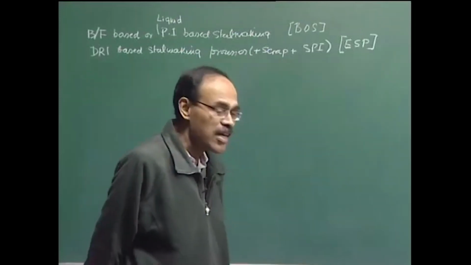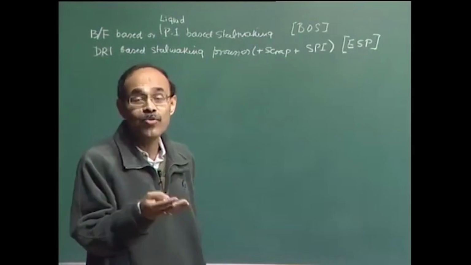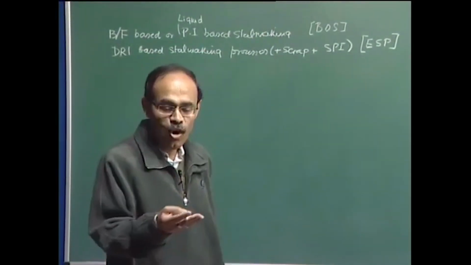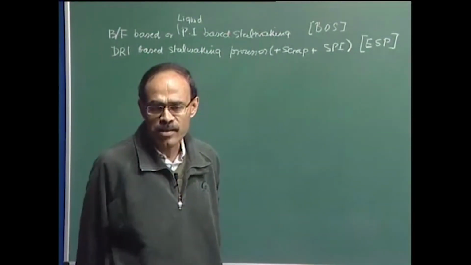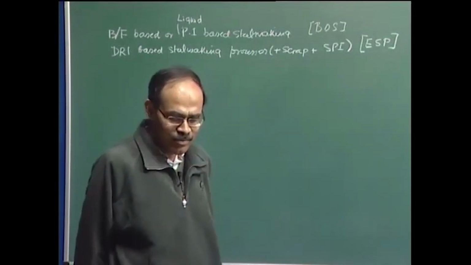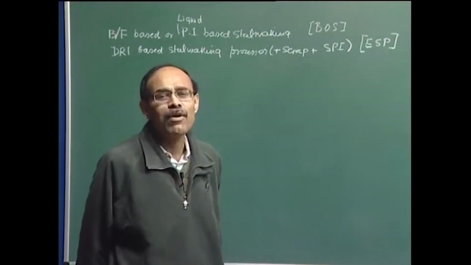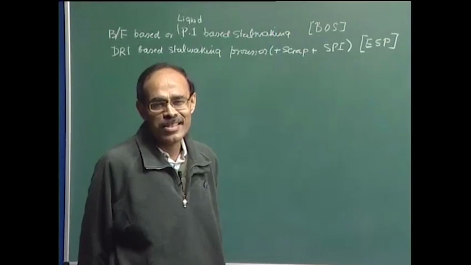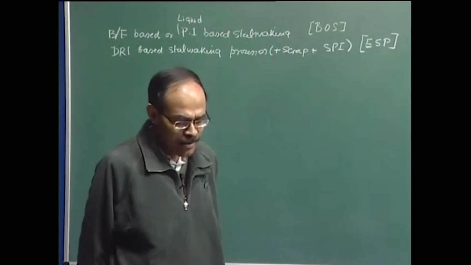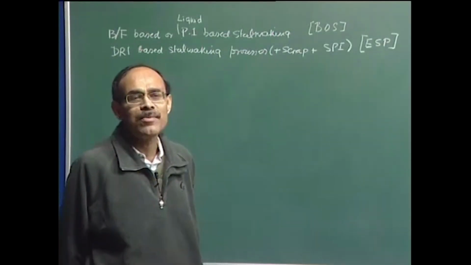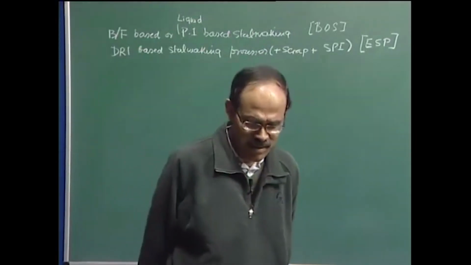We first started with the process known as the Bessemer process. We had the Thomas process, we had the open hearth process, and gradually these processes were phased out completely by the 1960s or 70s. Today, the Bessemer process of steel making is virtually non-existent.